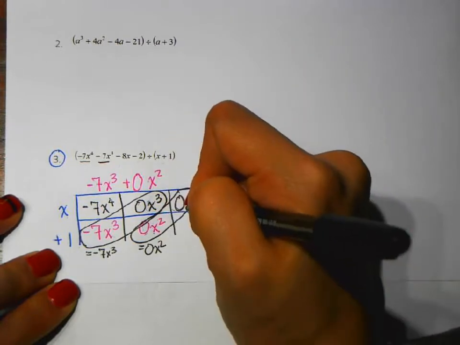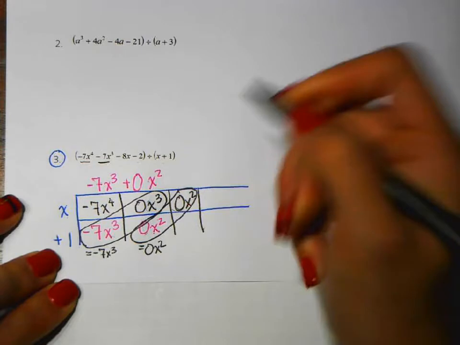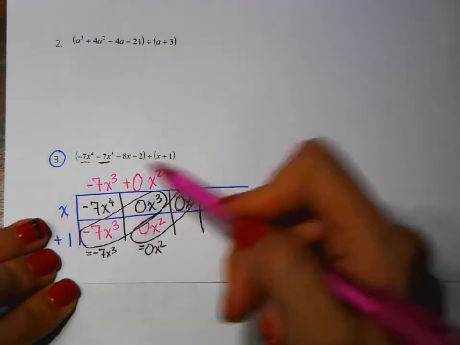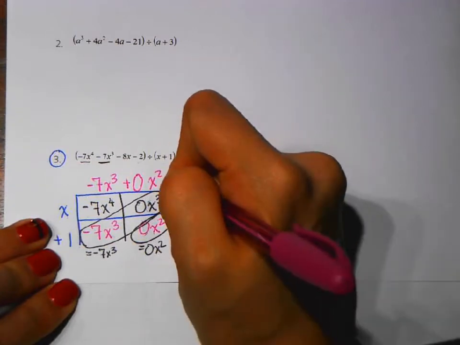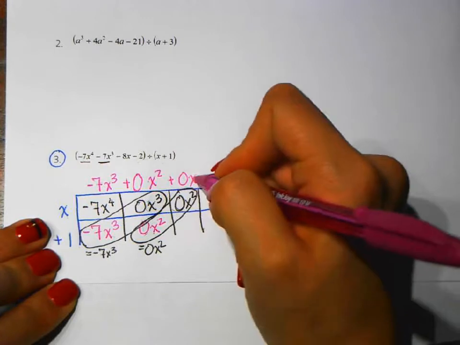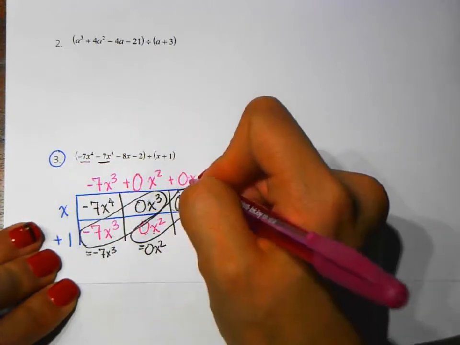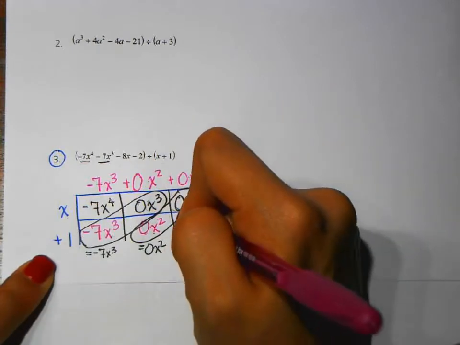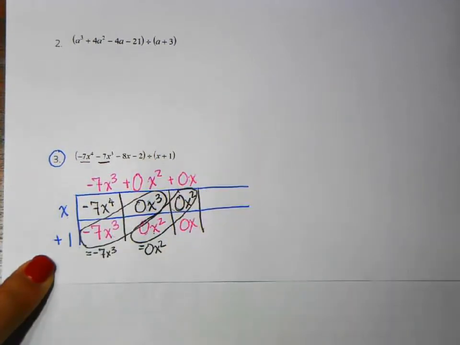I must put an x squared there because that's my like term. Keep going. X times what equals 0x squared? That's going to be x times 0x, because x times x is x squared. 0 times 1 is 0. 0x times 1 equals 0x.